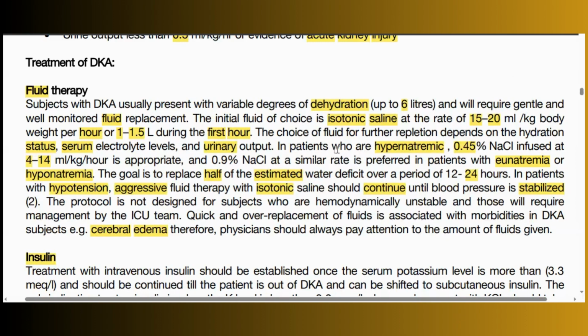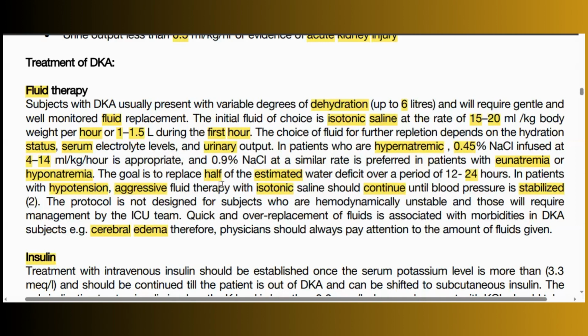If the patient is hypernatremic, then the fluid of choice is 0.45% sodium chloride infused at 4 to 14 ml per kg per hour, and we will choose 0.9% sodium chloride at a similar rate in a patient who is eunatremic or hyponatremic.